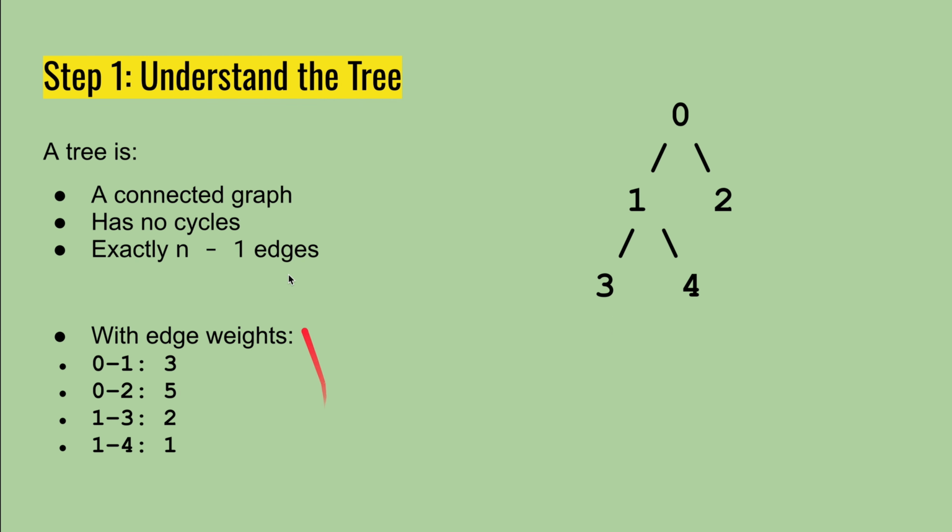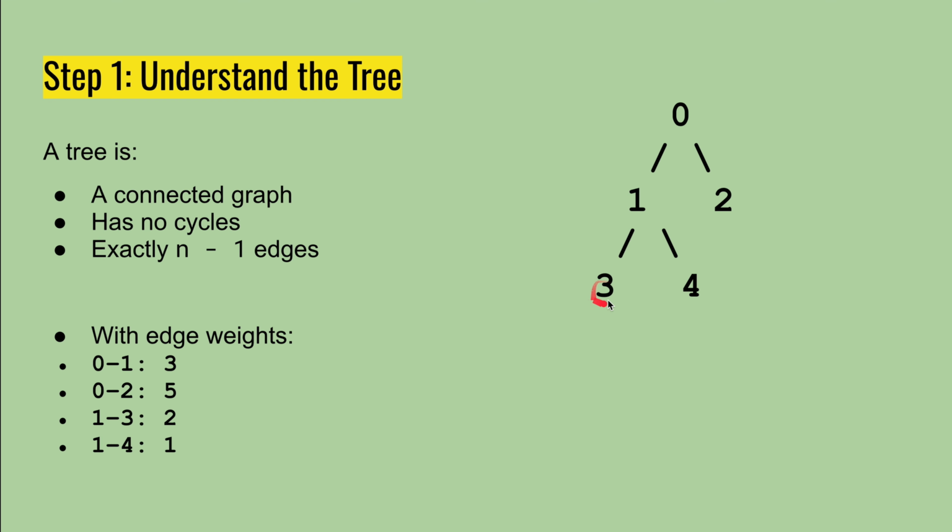So if we take the very first step, understand the tree that is given. Let's suppose this is the tree we have been given. A tree is a connected graph with no cycle and exactly n minus 1 edges. So if you build the tree, it will look like this. The graph is connected, meaning each node is connected with each other. There can be many cities.